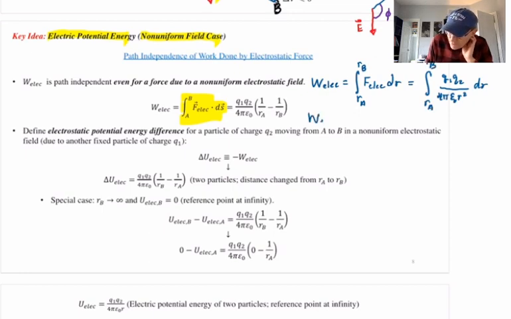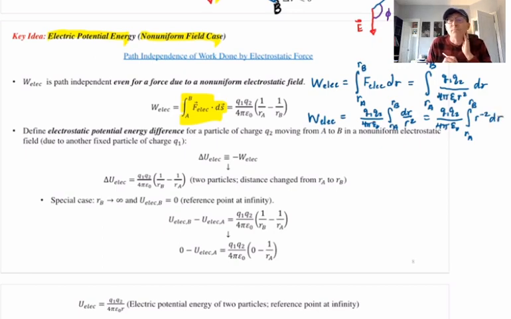You bring the multiplicative constants out front: Q1 Q2 over 4 pi epsilon 0, times the integral from RA to RB of dr over r squared. And then that's Q1 Q2 over 4 pi epsilon 0 times the integral from RA to RB of r to the minus 2 dr. And then just use the general integral x to the n dx equals x to the n plus 1 over n plus 1.